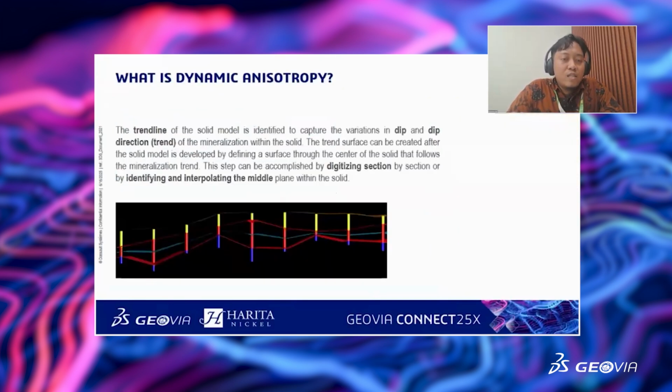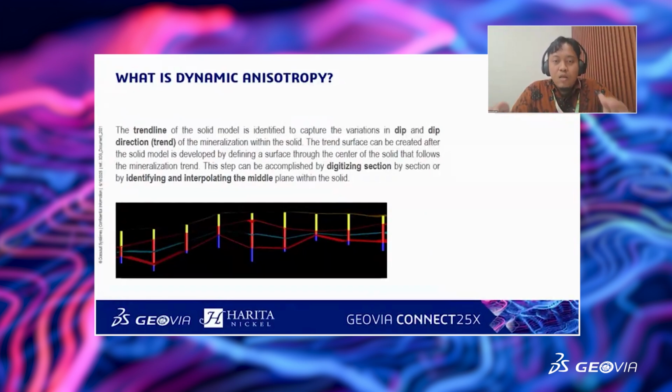So the trend line identifies and captures the variation in dip direction, or the trend of dominance, of the solid. So the trend line is the line capturing the trend of our ore body here. The trend surface will be created after the solid model is developed.